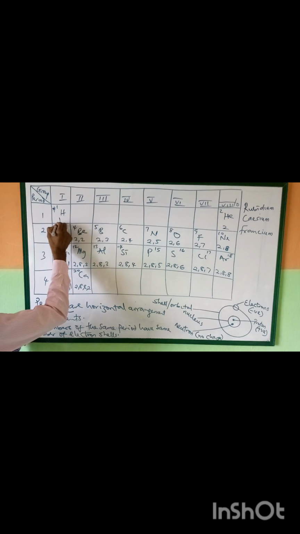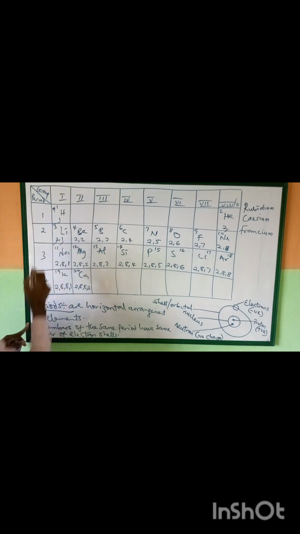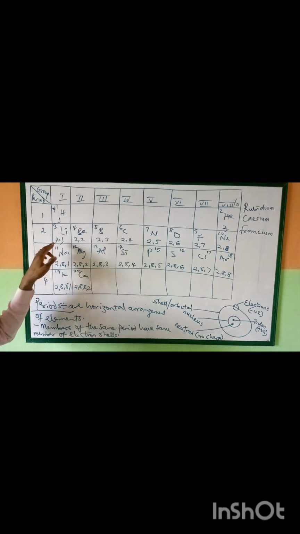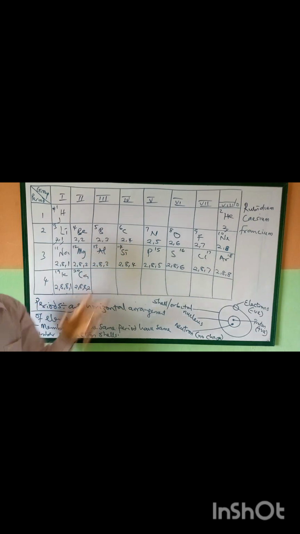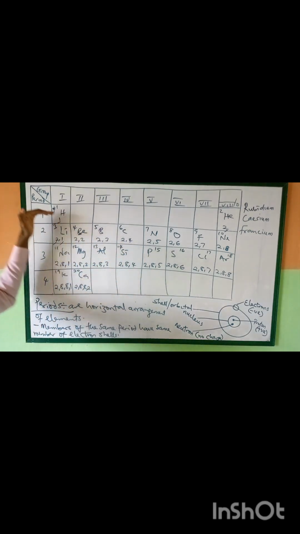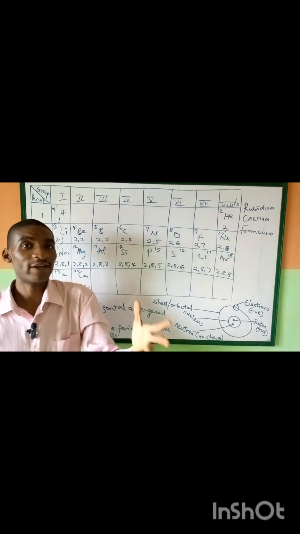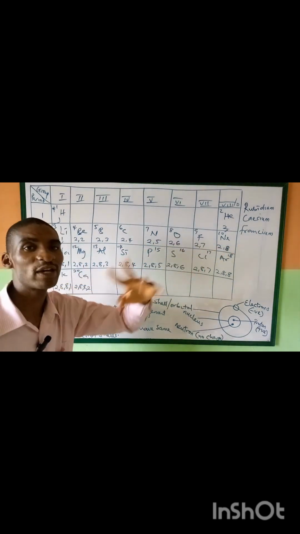This is just one shell. This is just one shell. This is two shells. So let me make it clearer so that you can easily relate to it. Everybody here has 2-bedroom flats. Everyone in period 1 has just a single room self-con. These guys are all having 2-bedroom flats.